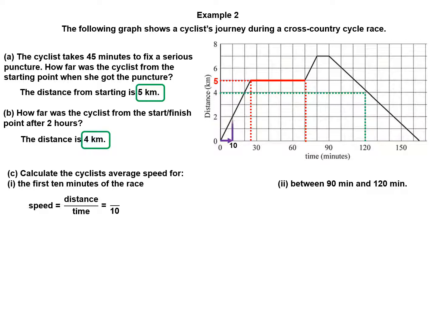Distance is 2 kilometers. Speed is 0.2 kilometers per minute. The gradient of a line is positive if the line slopes up from left to right.